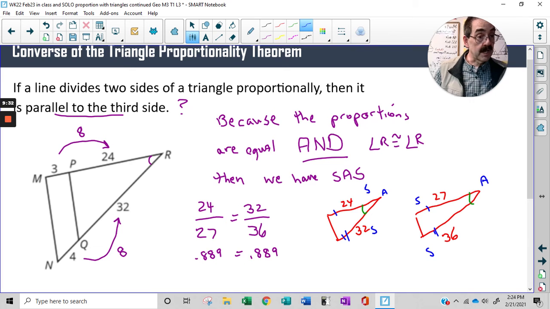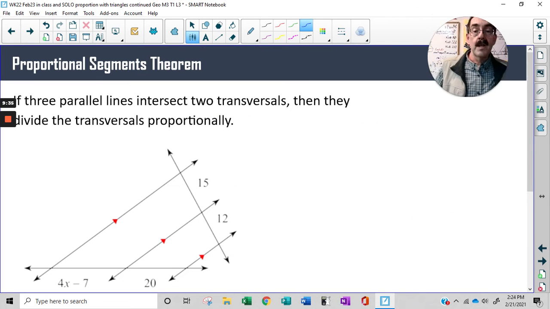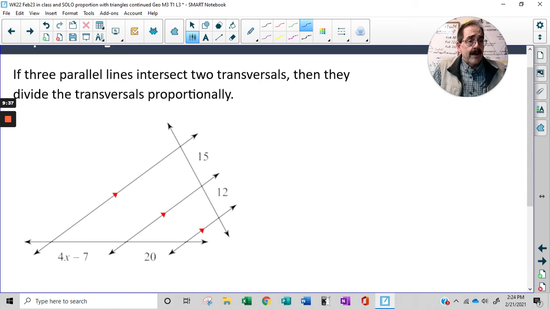So 15 goes to 4x minus 7 as 12 goes to 20. Cross multiply. 15 times 20 is equal to, now remember it's everything. If you have to put brackets around it to remember to distribute, do it.